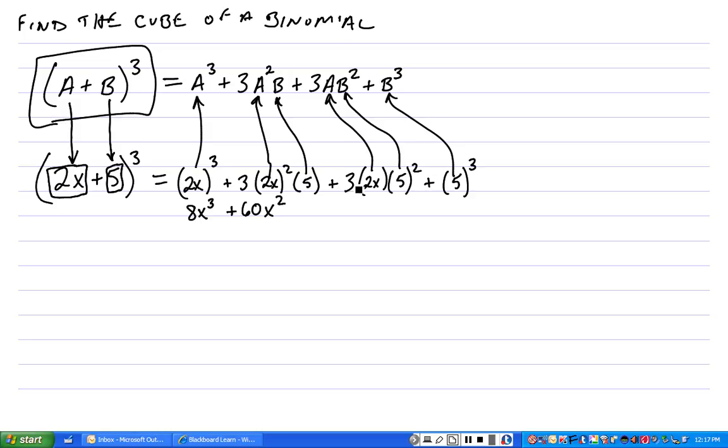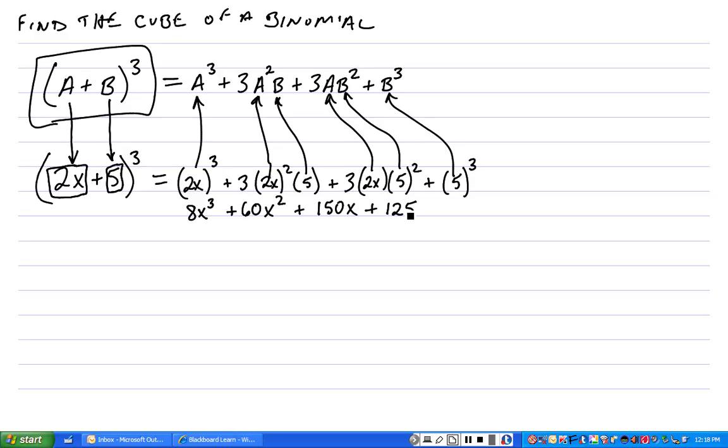Here, 3 times 2 is 6, and you have 5 squared. 5 squared is 25, times 2 is 50, 50 times 3 is 150, and you still have your x, and then you have 5 cubed, which is 125.